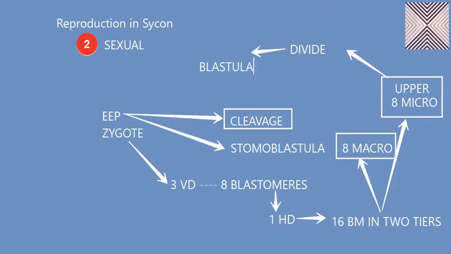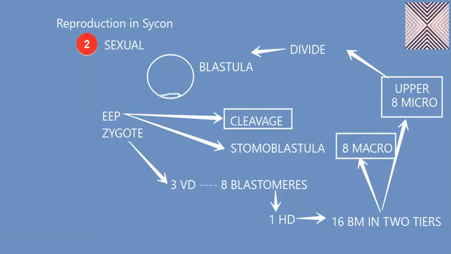It is like a pot having a mouth, but the mouth is on the lower side. So this is the structure of the blastula, formed by the division of the 8 micromeres.